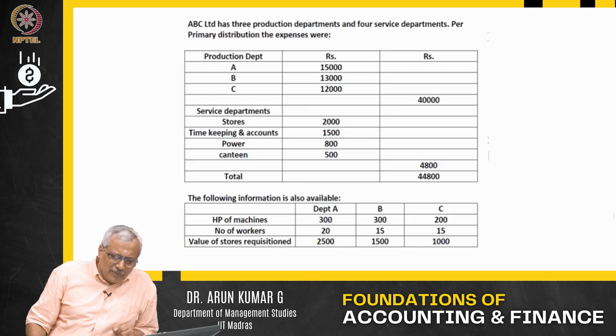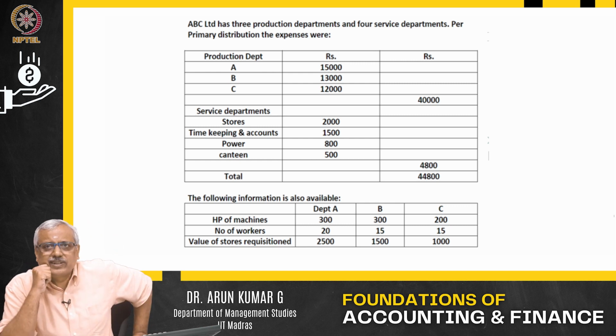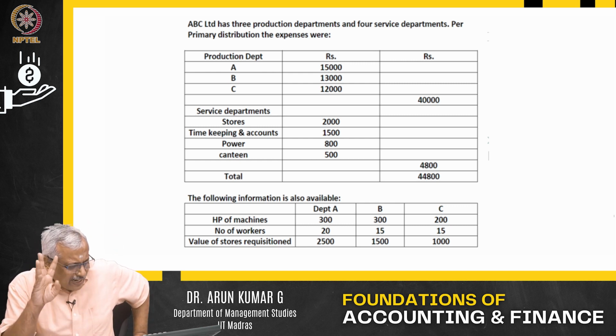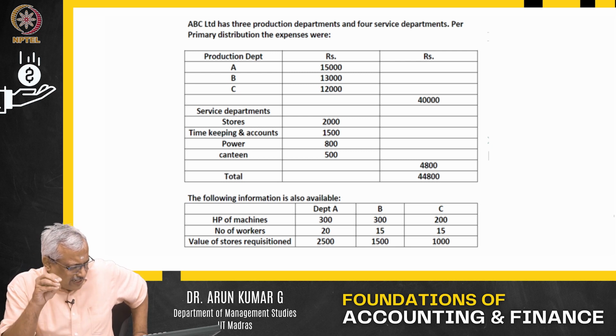We will take an example. I think I have an illustration of the conventional system in this particular case. Now you see there are three production departments, A, B and C. Service departments: there is stores, timekeeping and accounts, power, and canteen, and there is a cost.